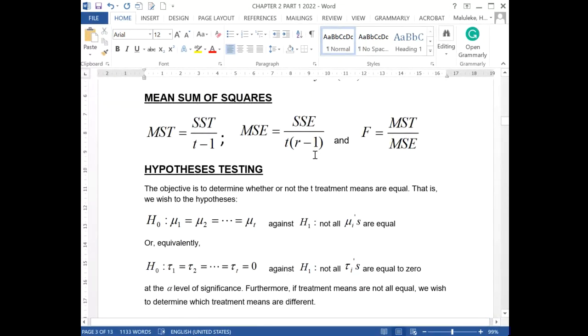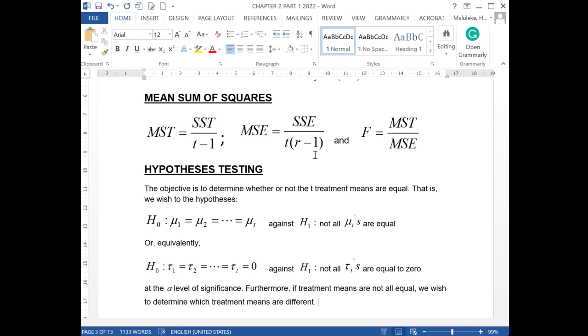The hypothesis that we'll be testing will depend on whether we're dealing with fixed effect models or random effect models. If you check the notes that I have uploaded, part 1 is about fixed effect models.